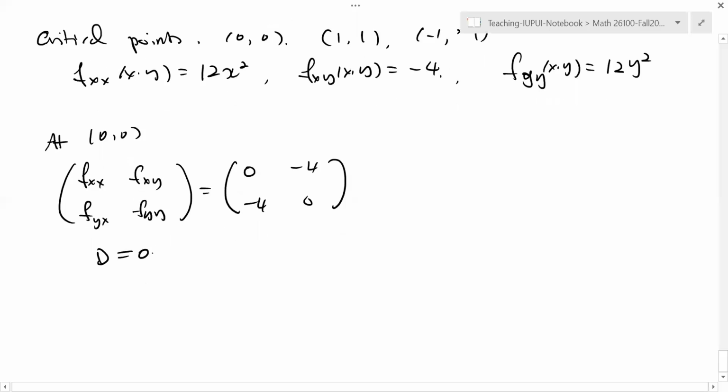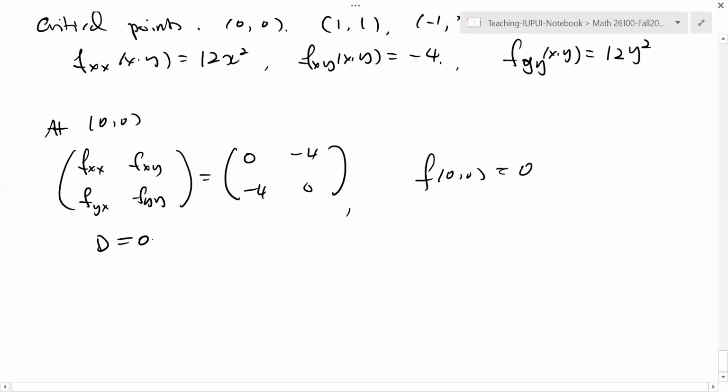Then I have to pay attention. We come back to whether this is a local maximum value or local minimum value at this point. The value of the function is going to be 0. So I'm not sure 0 is a local maximum or local minimum. I cannot use the second derivative test, just because the determinant is 0.